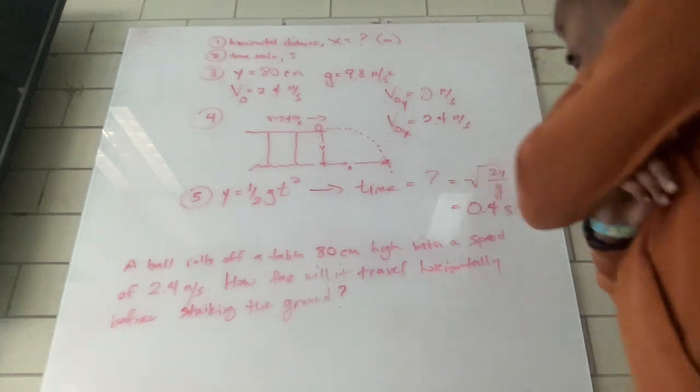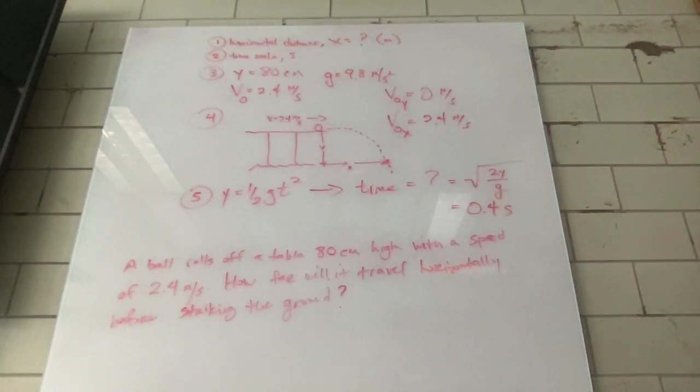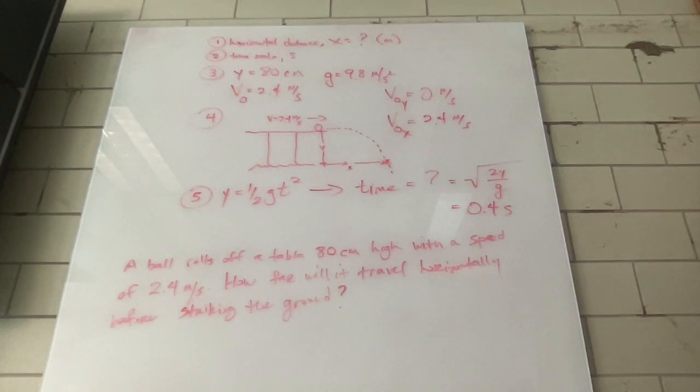Okay. So we got 0.4 seconds. So what does that represent? How long before it hits the ground? In which direction? Y, the free fall direction. And x.